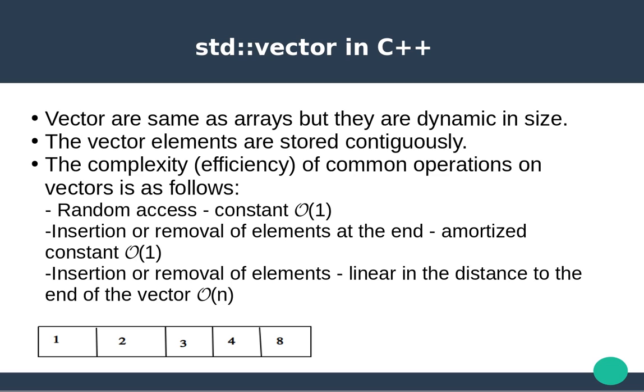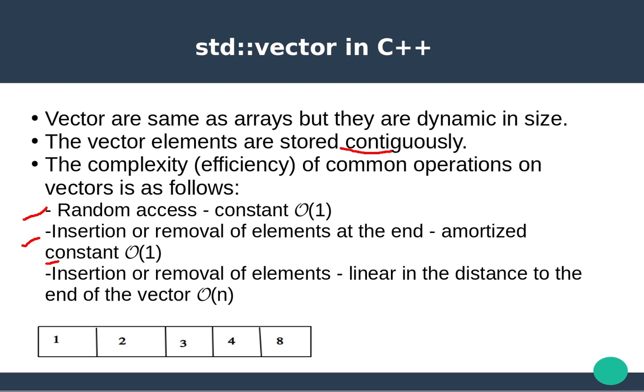The vector stores elements contiguously in the memory, and this means that random access to any element in the vector takes constant time. Insertion or removal of an element from the end of the vector also takes constant time.